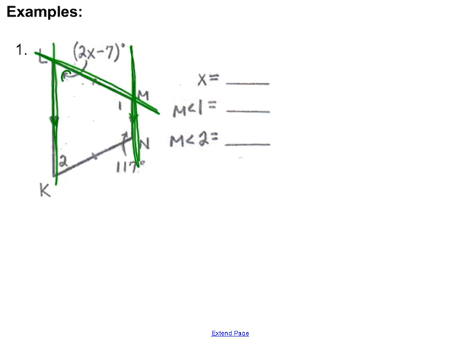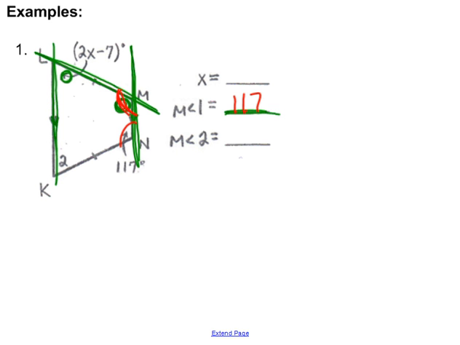And I'm looking at this angle here and this angle here, which would mean that those are same side interior angles, which means that they add up to 180. Except there's no number here. That's the angle 1. But I know that I can figure it out because I know that this angle is congruent to this angle. Oh, okay. Well, that means that the measure of angle 1 right here is going to be 117.